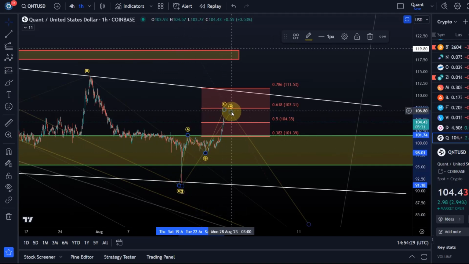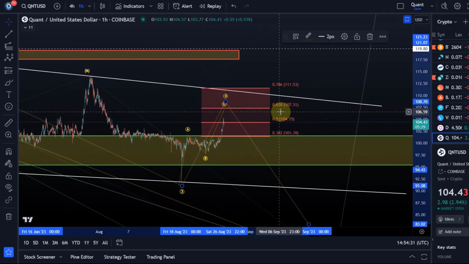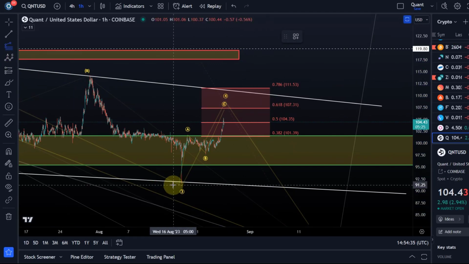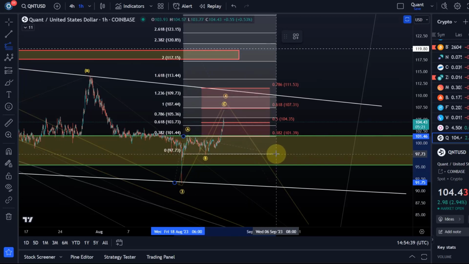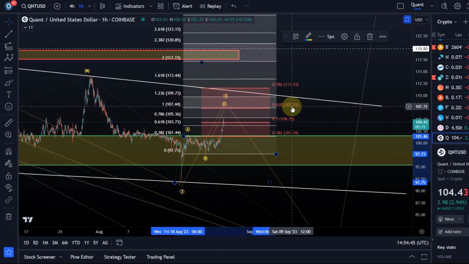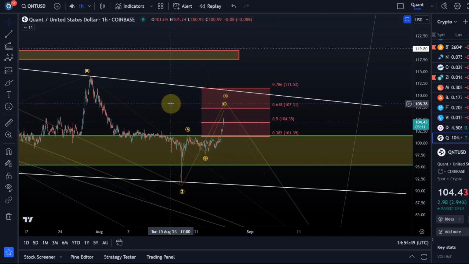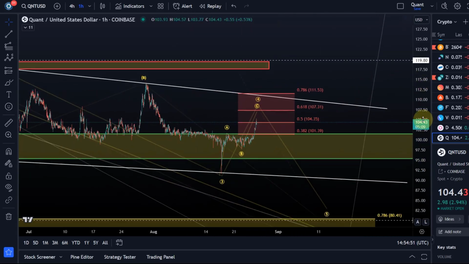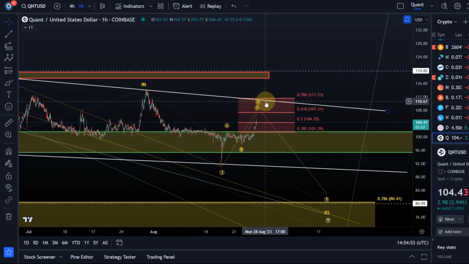A wave, B wave, C wave. And the golden ratio would be the next resistance point, $107. And for a C wave, the first target would be the 1-to-1 ratio, really. And that is basically a good overlap, $107.40 to $107.30. Pay attention to that level for the C wave. And yeah, pay attention to the trend line as well.